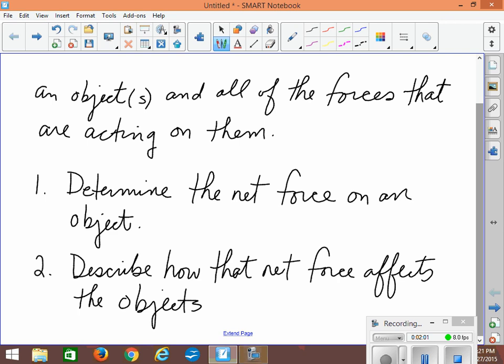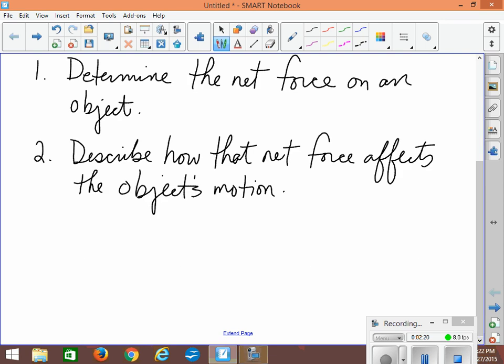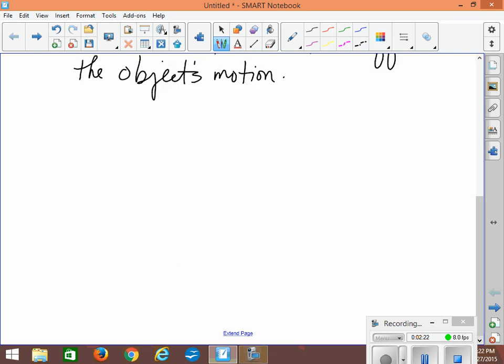Now, this can be thought of very simply or extremely complicated. It depends on the situation. So what we're going to do is start off with some nice, simple examples that will help us understand. So first, let's talk about the first thing, determining the net force on an object.